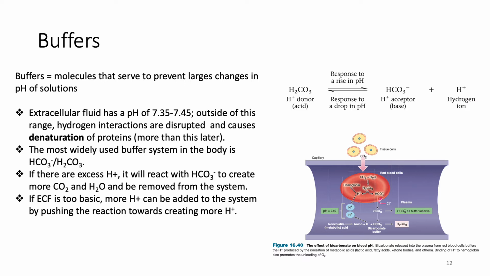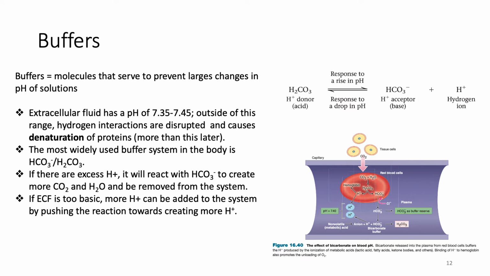But when H plus concentration in the blood begins to rise, i.e. when pH drops, the reaction proceeds to the left, producing more bicarbonate ions, the base, removing hydrogen ions from the solution to form carbonic acid.